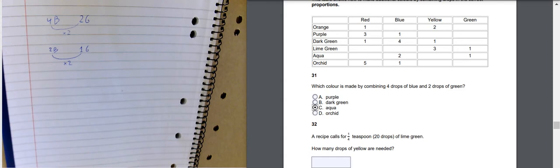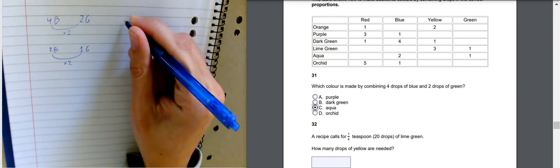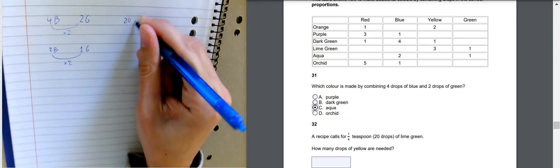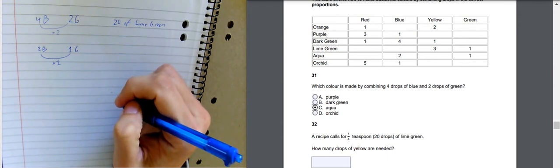So if we're to have 20 drops of lime green, we just have to look at their proportions, which at the moment are 3 of yellow and 1 of green.